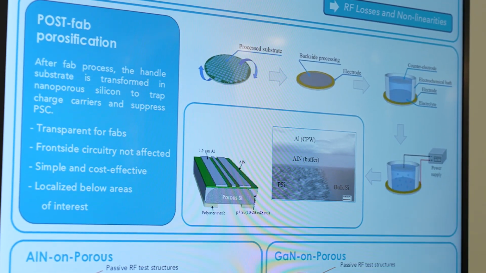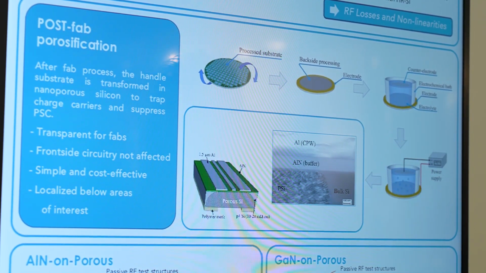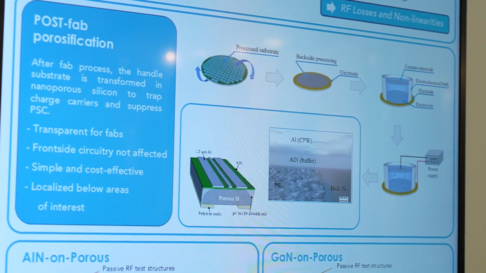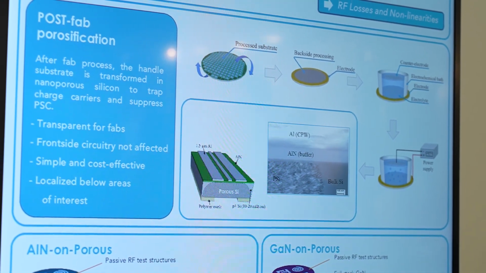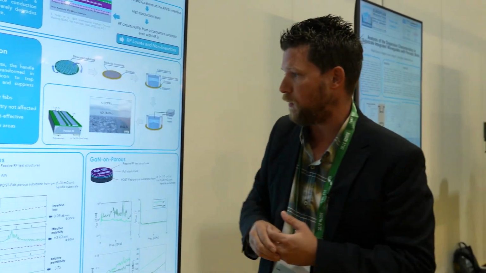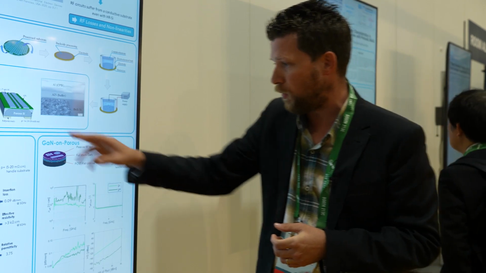The front side circuits are not affected, and we use a very simple and cost-effective porosification. It's possible also to localize the porous silicon, to make the porosification just below the area of interest.